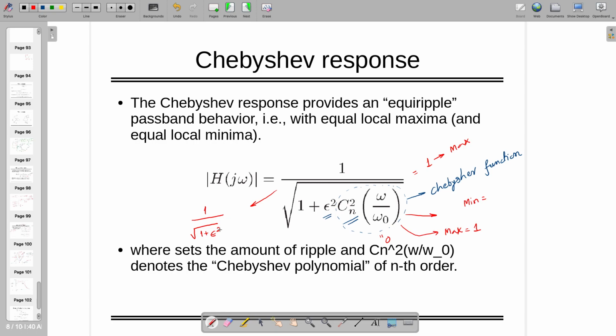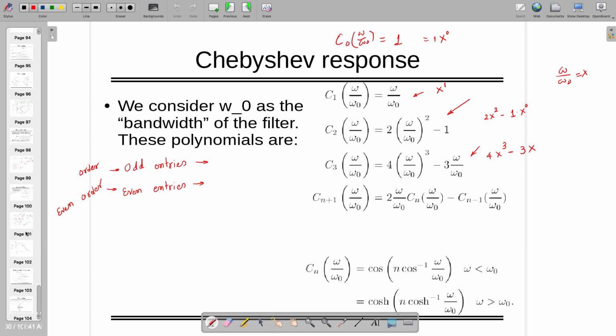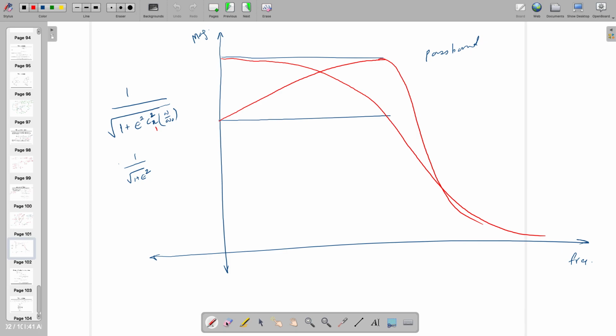So there is a band in between. The whole transfer function will give its own response. We can say that the maximum value is 1 and the minimum value is 1 by under root of 1 plus epsilon square.